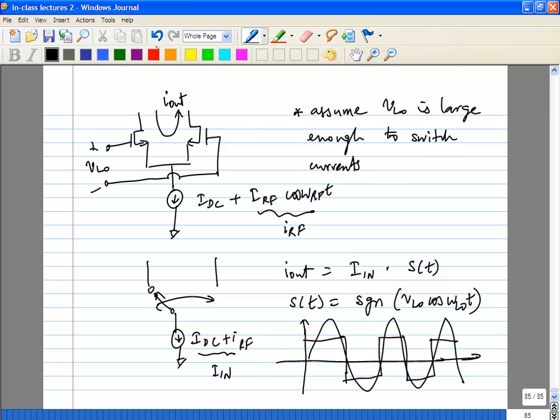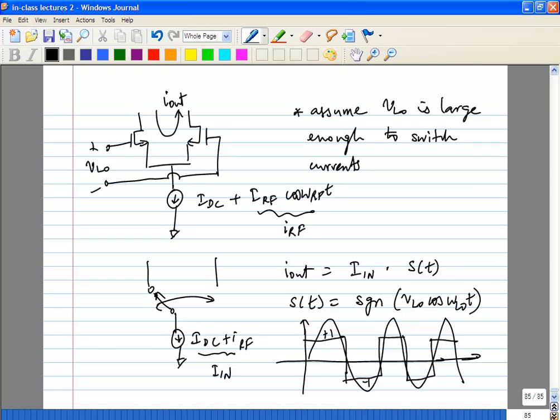It's a square wave, supposed to be a symmetrical square wave, and it goes between plus or minus. The definition of signum function is when the input is positive, it is plus 1, input is negative, it is minus 1, when it's 0, it's 0. So it's going to be a perfectly symmetric square wave.